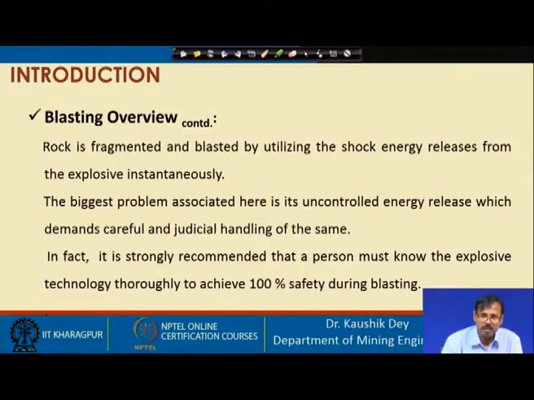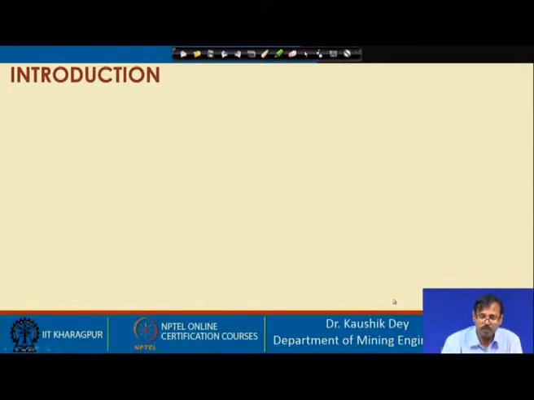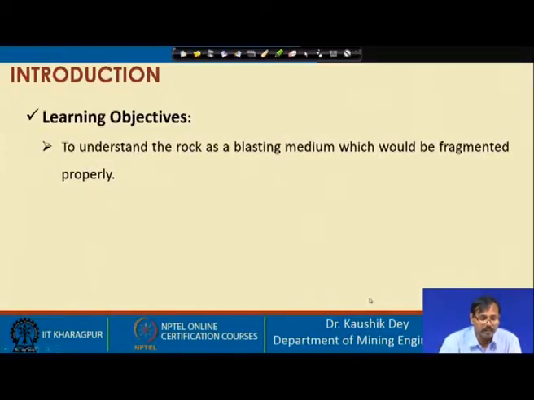In fact, use or handling of explosive by incompetent persons is strictly banned as per the law of the country. Nowhere in the world is it allowed to handle, hold, or use explosive by any incompetent person. So, this course is designed to achieve the objectives.